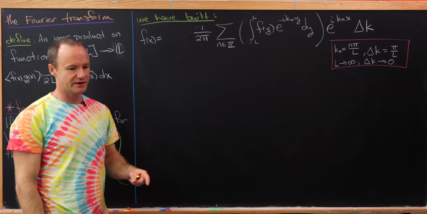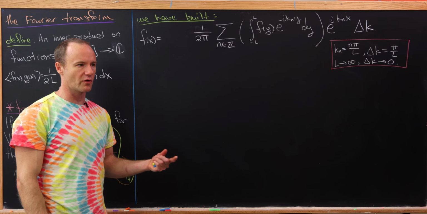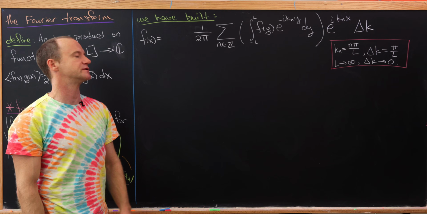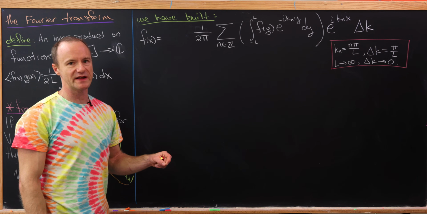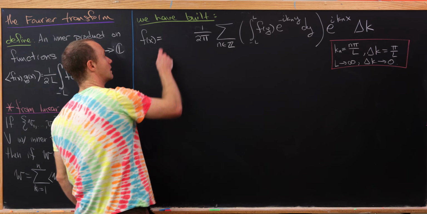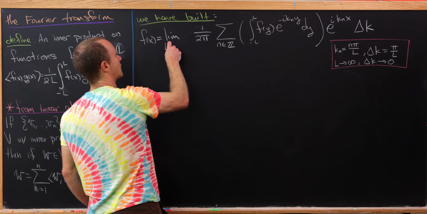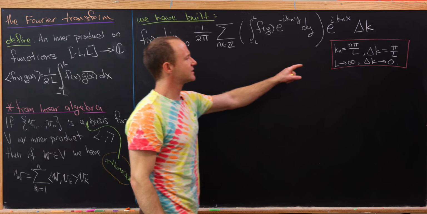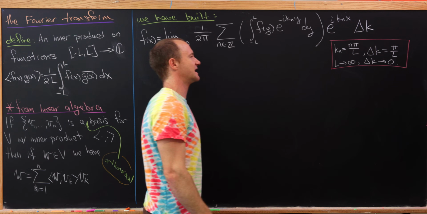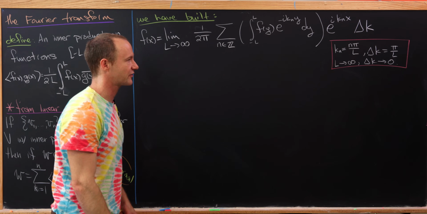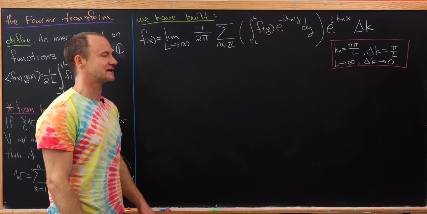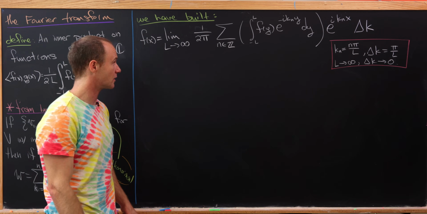So now what I'd like to do is note that, well, the role that L is playing could be tweaked. We could pick different values of L. So that motivates us to perhaps take the limit as L goes to infinity and see what happens. But let's notice that since k_n is defined as n pi over L and delta k is defined as pi over L, as L goes to infinity, delta k goes to 0.